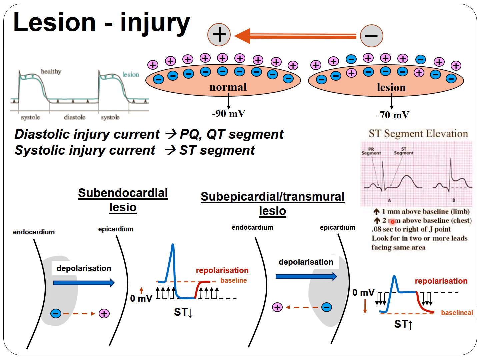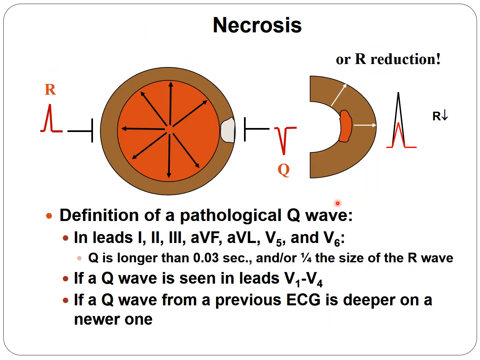So in a limb lead, half a millimeter of ST depression is pathological, or in a chest lead, 1 millimeter is pathological. However, today's clinical studies show that almost every lead has different measures for the pathological elevation or depression.